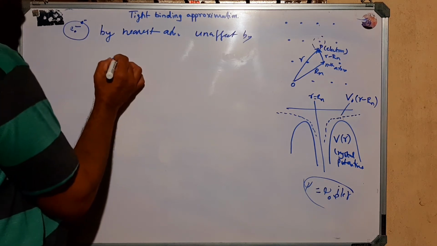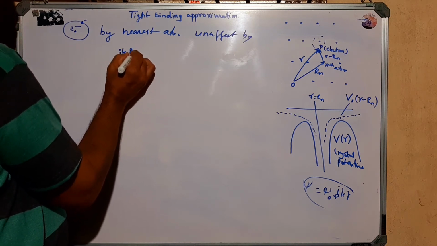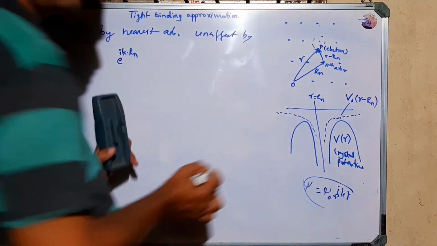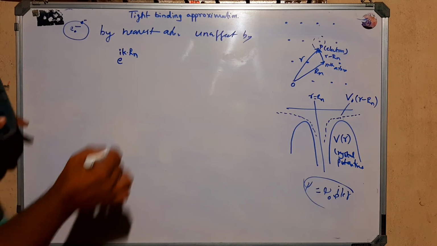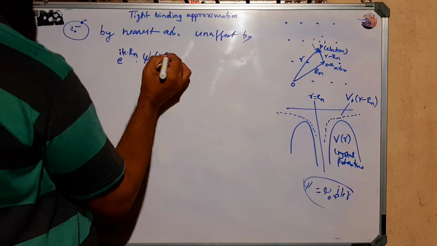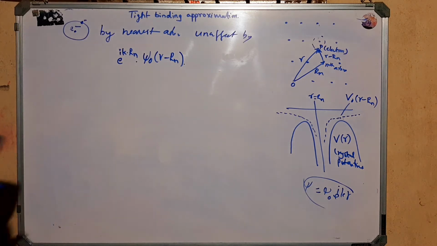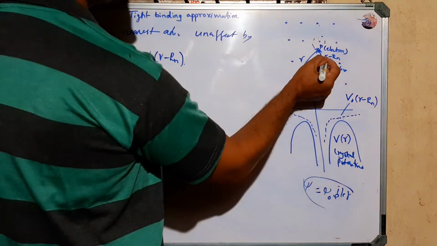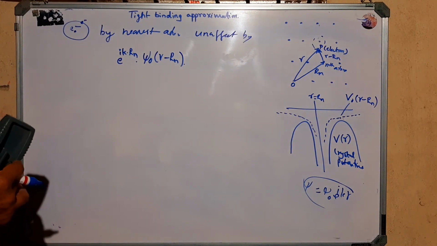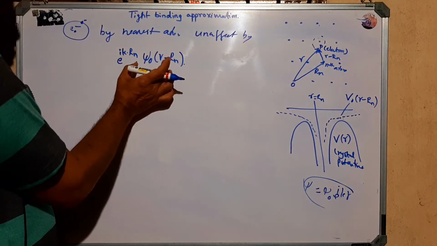That is nothing but e to the power i k into Rn, because we are considering an atom which is at a distance of Rn from O, into xi naught of R minus Rn. So that means we are considering an electron which is present at a distance of R minus Rn from the nth atom. Okay. So this is considering the one electron under consideration.